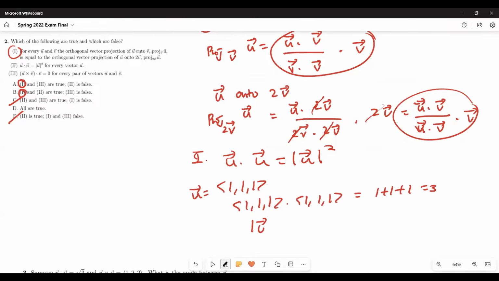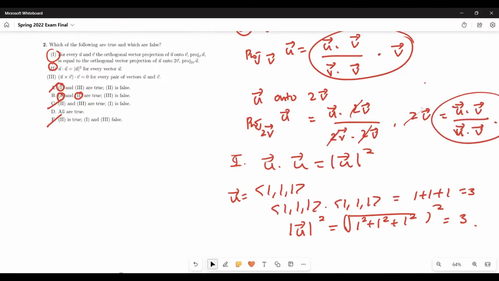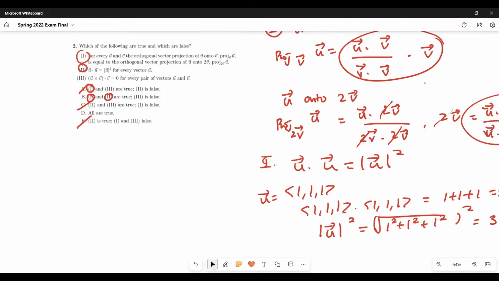And the magnitude of u squared is the square root of (1 squared plus 1 squared plus 1 squared), squared, which is 3, which is why they are the same value. So that is true. So 1 and 2 are right. It's not going to be A then, so it's going to be either B or D. Okay, good to know. So let's look at option 3 then.